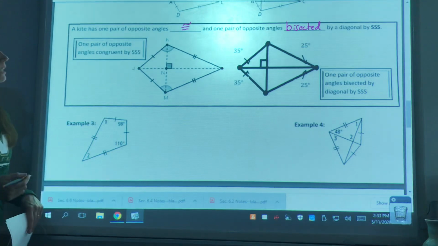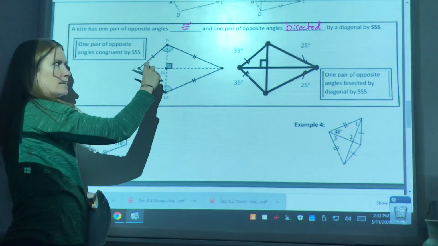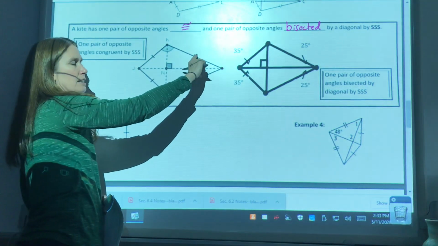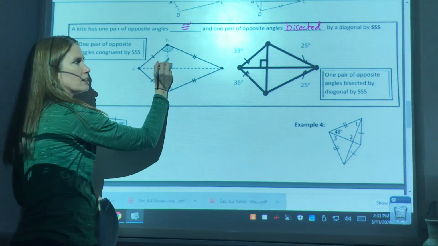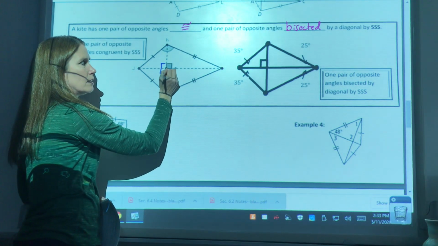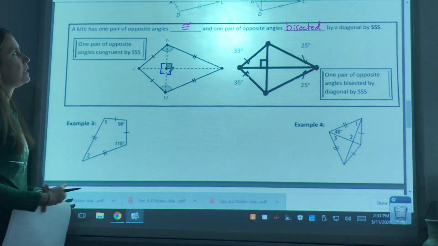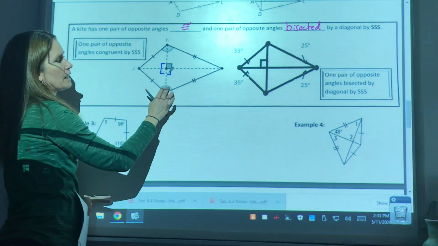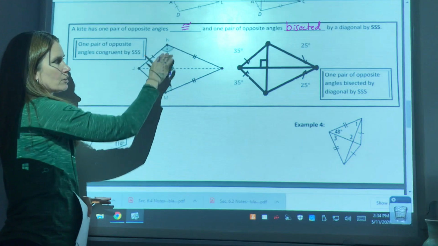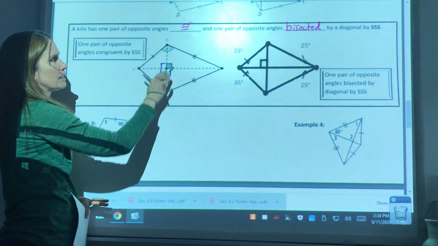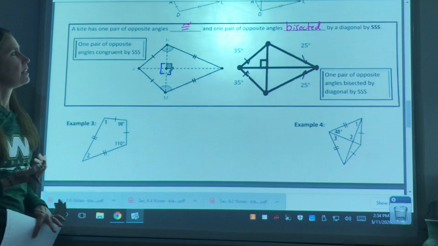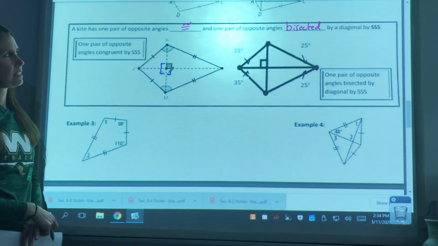And in this case, we can see it's a kite. These consecutive sides are congruent. These consecutive sides are congruent. We already talked about these diagonals being perpendicular, so these are right angles. And then it's saying 1 pair of opposite angles must be congruent to each other. So this is the pair of opposite angles that must be congruent by side, side, side.